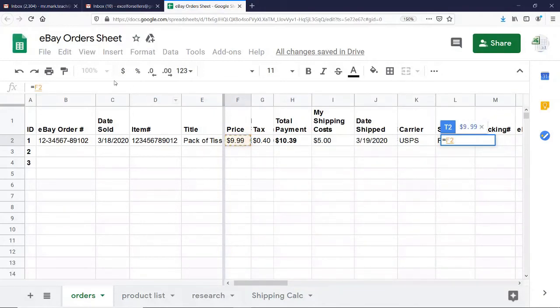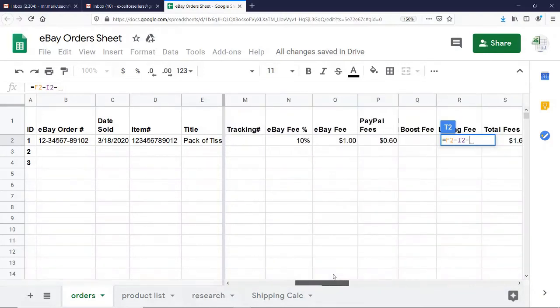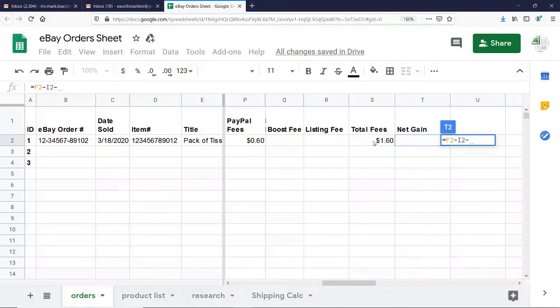This is what you actually are getting paid, right? You get paid this amount, and then I'm going to subtract from that the shipping costs. Don't forget to subtract shipping. Shipping is a big part. Minus, again, shipping costs minus the total fees. Okay, subtract the total fees, and that's it.